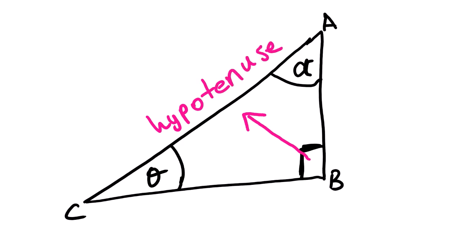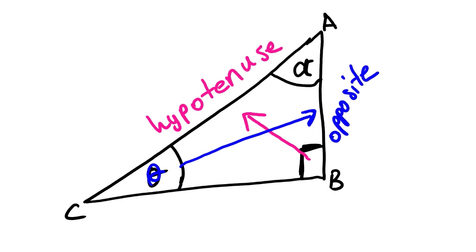Now if we focus on theta, the opposite side of theta, we call it side opposite. Since we know the hypotenuse and we know the opposite, it means this side will be our adjacent side.